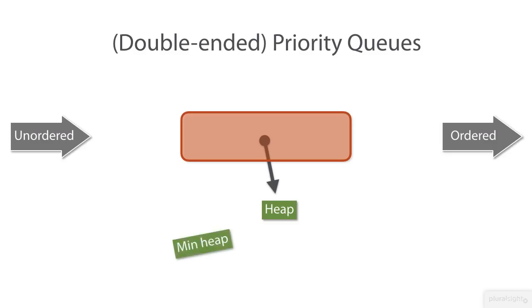Minimum heaps, or min heaps, can effectively add and remove the minimum element among the elements stored in it. There are no access time guarantees for the remaining elements, just the minimum. Similarly, max heaps can effectively add and remove the maximum element among the elements stored in it.